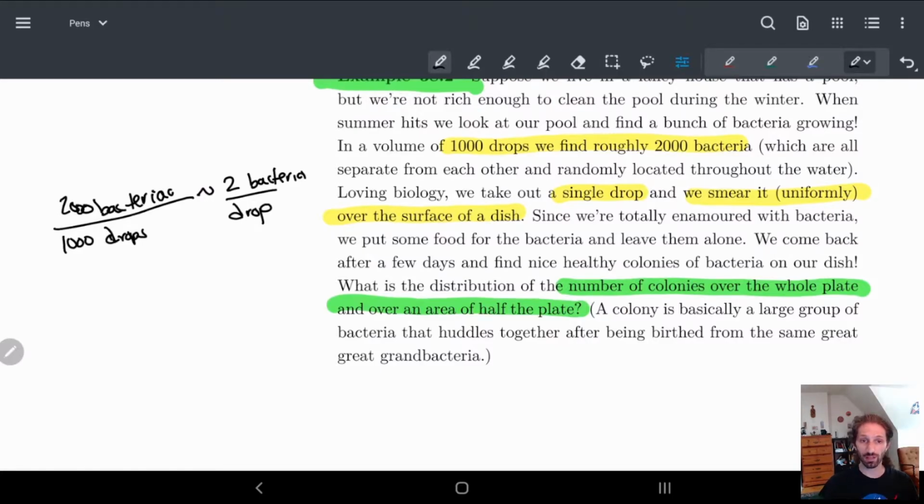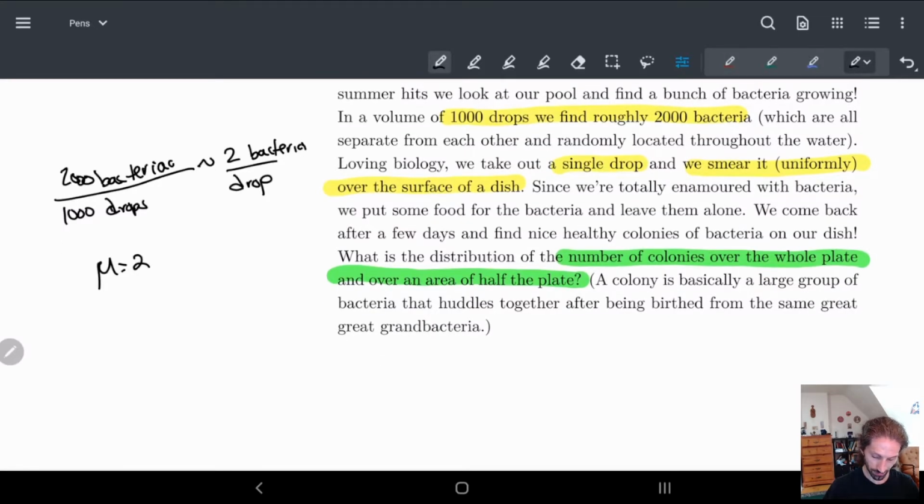If we then put them on a dish, we'll have bacteria probably in 2 different locations because we expected two, which means, remember, expected should hint that this is our mu. Mu is equal to 2. And so we have a Poisson distribution with mu equal to 2 here, and this is giving us the whole plate. And that's basically it. So the number of colonies is just 2.